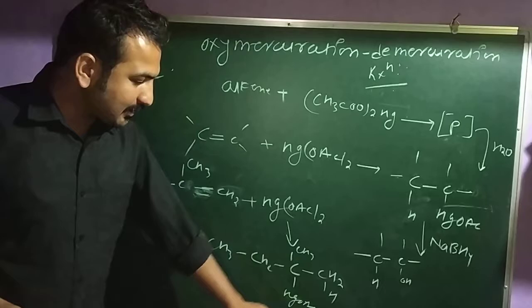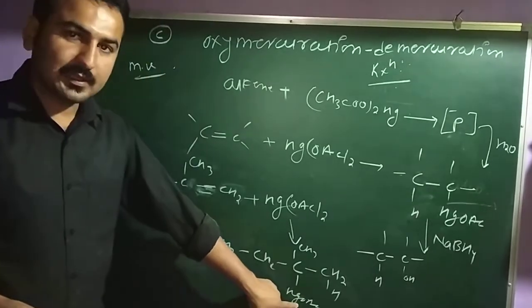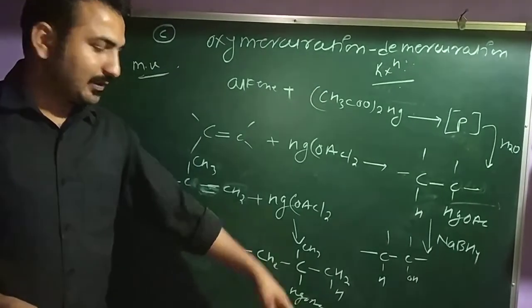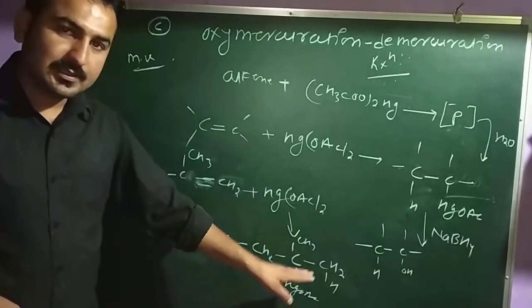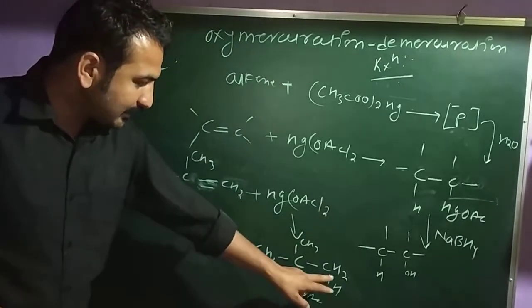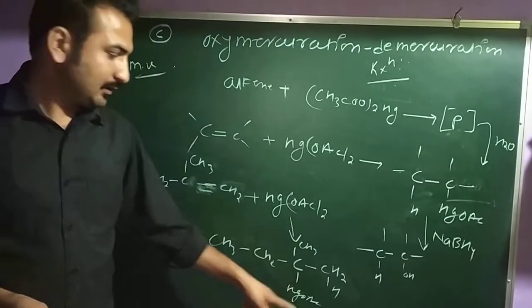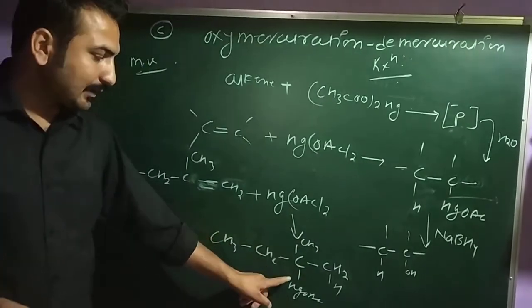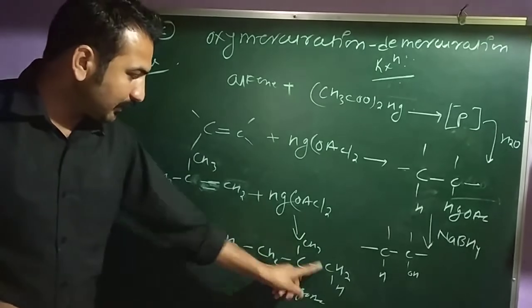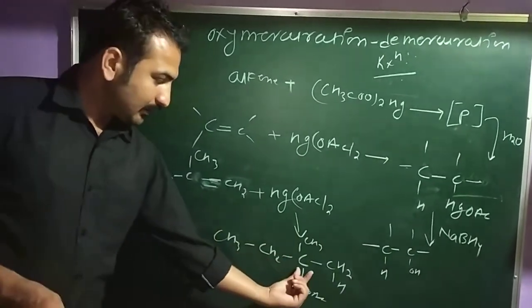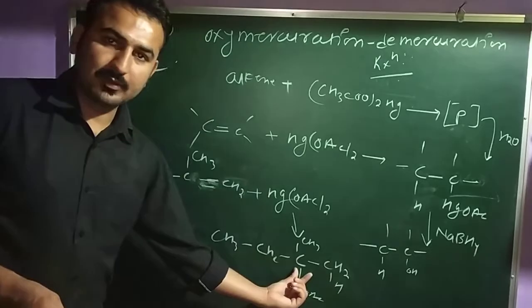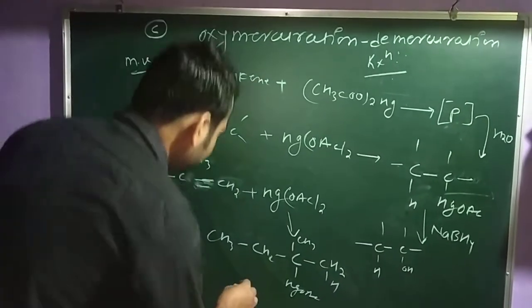Because this HgOAc will be removed and one OH is attached here. This will give you alcohol, and this alcohol is stable because a third degree carbocation is forming. 1 degree, 1 degree, 1 degree, and this is the third degree. Clear? Because 1, 2, 3 carbons are attached to this attached carbon. Clear?